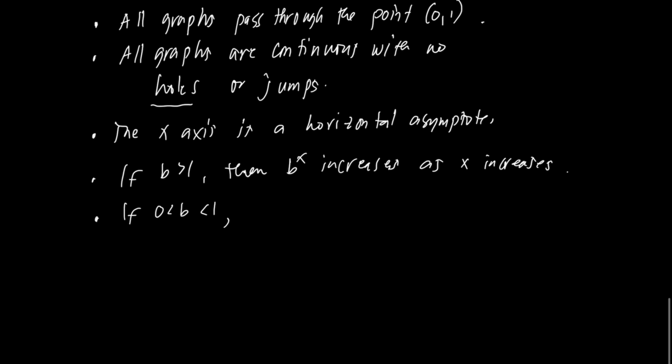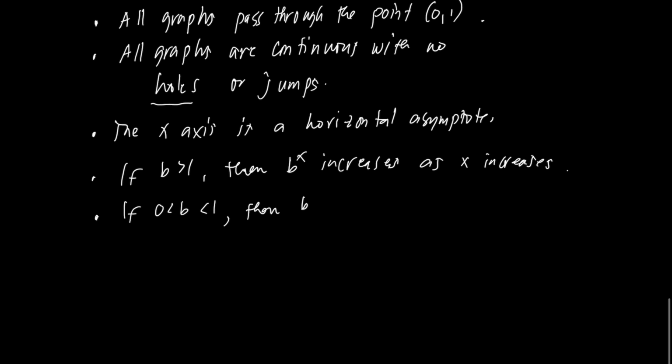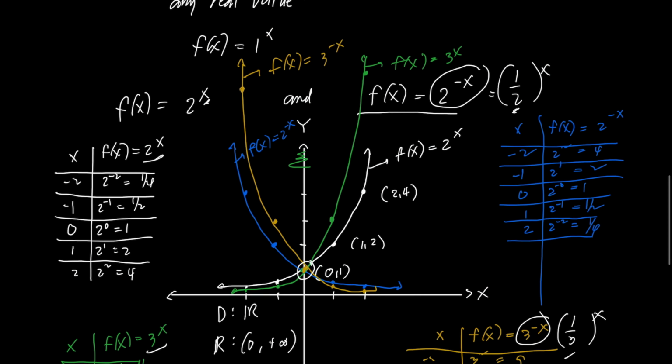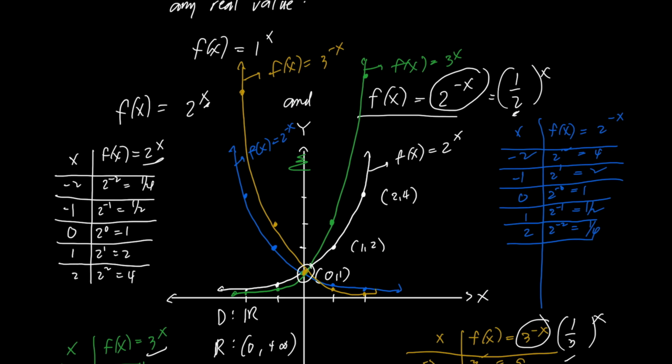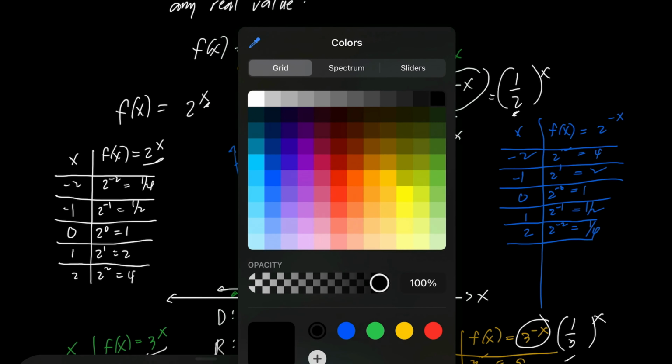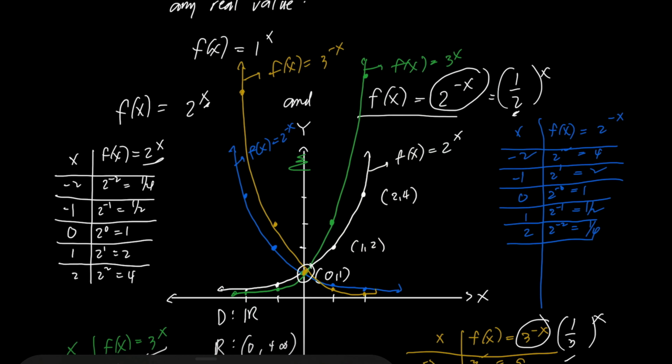Okay, that's right. The b to the x decreases as x increases. Now, what if in this graph we draw a horizontal line? Just focus on one graph of the equation, for example the white one.